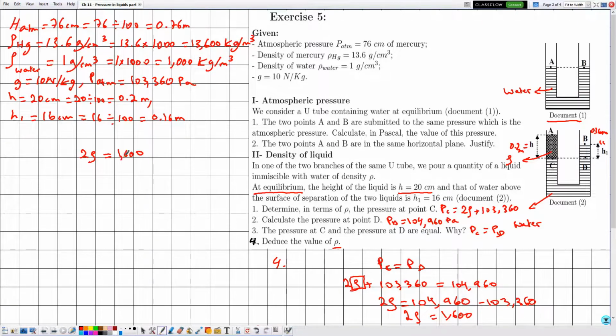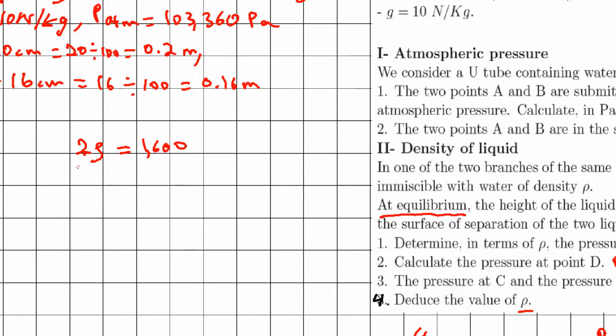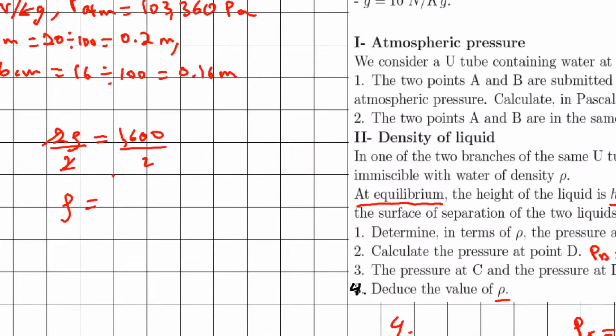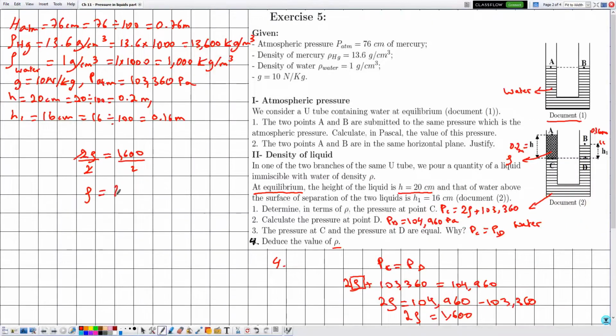But notice that we are interested in determining the value of rho and not 2 rho, so dividing both sides by 2, rho is given by 800. Since everything previously is expressed in the SI, the unit of rho will be in the SI, which is kilogram per meter cube.